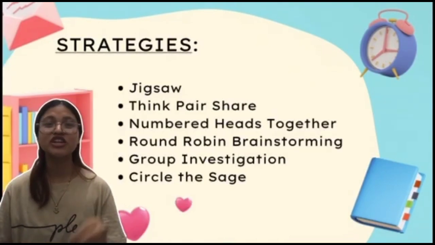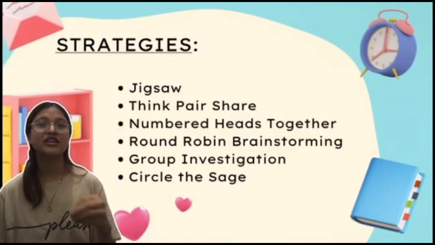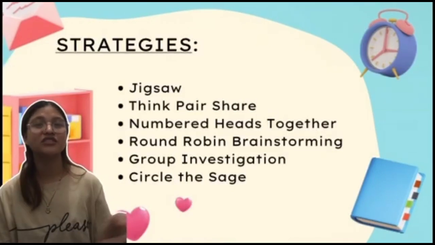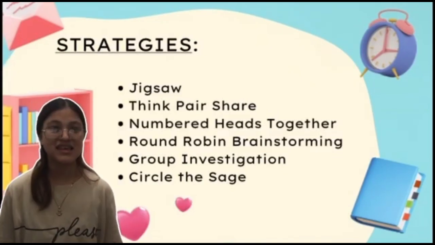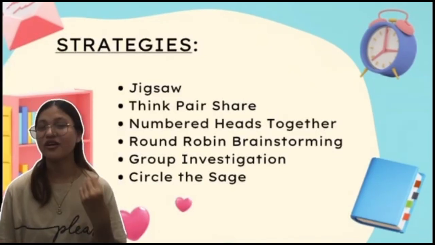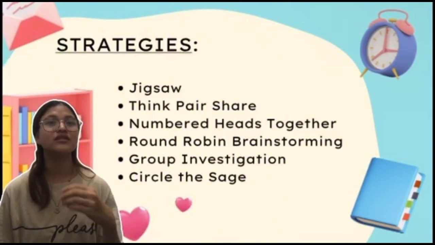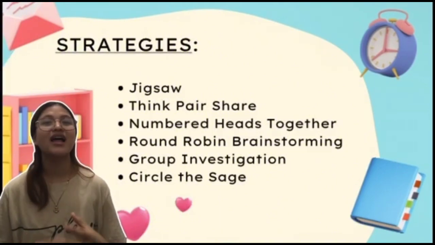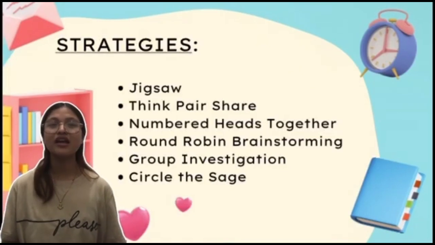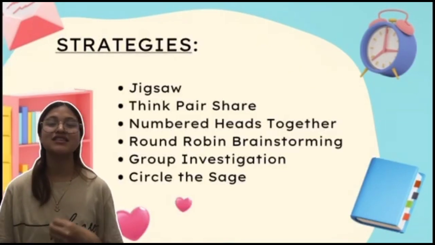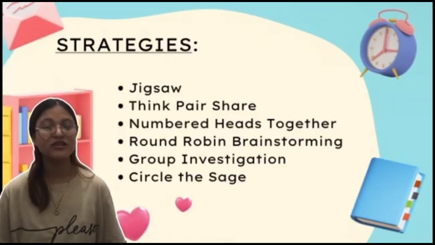The sage shares their knowledge or expertise, and the outer circle asks questions or discusses related ideas. After a set time, the roles will switch, allowing everyone to take a turn as the sage. This promotes active learning, enhances communication skills, and builds confidence.